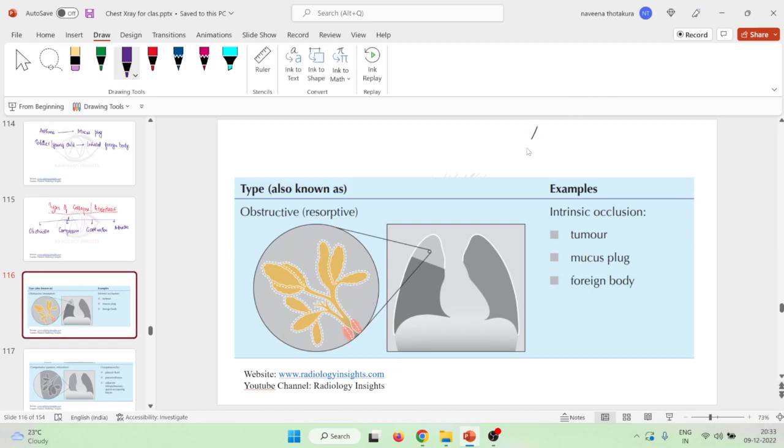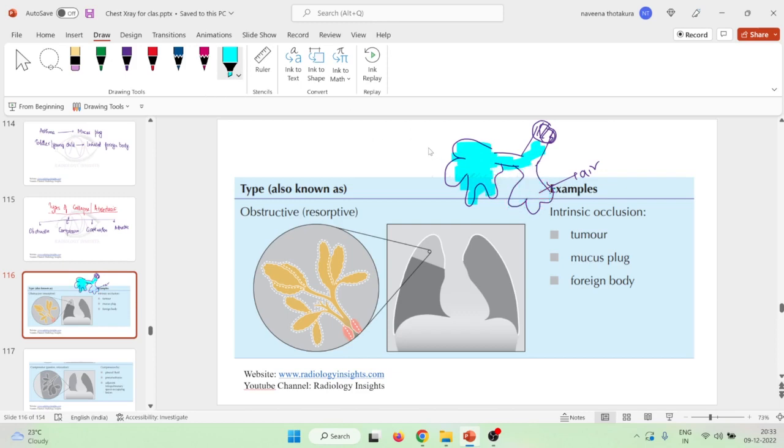Initially the alveoli are filled with air, and when a mucus plug or foreign body obstructs it, there is still some air left through it.